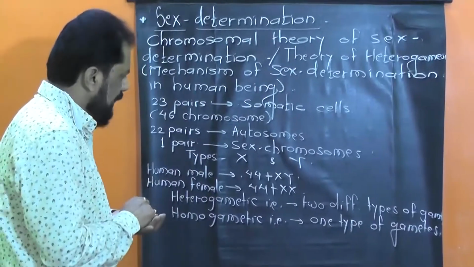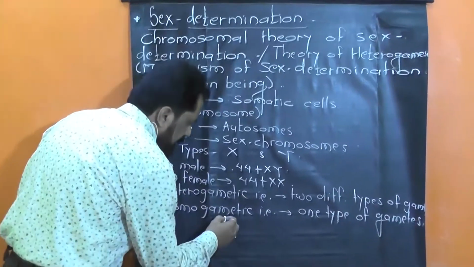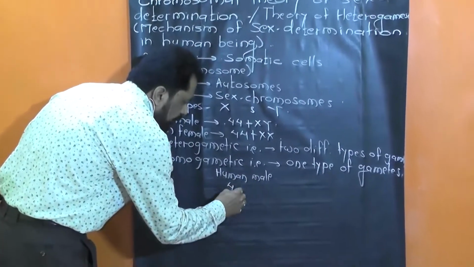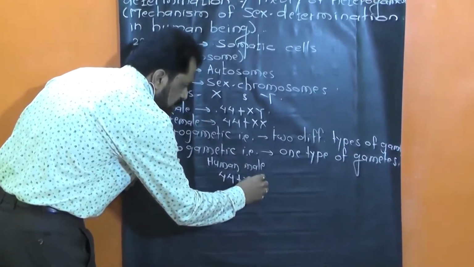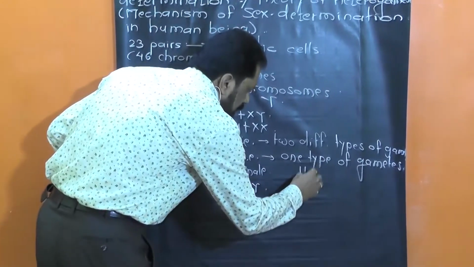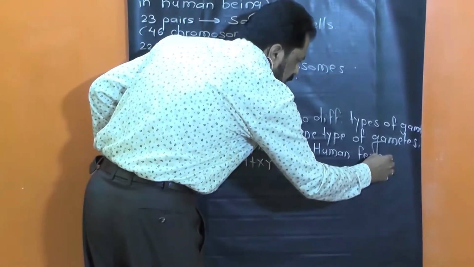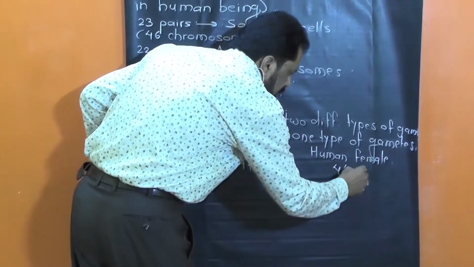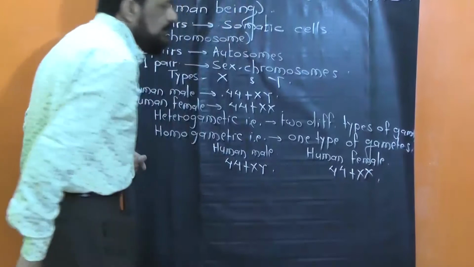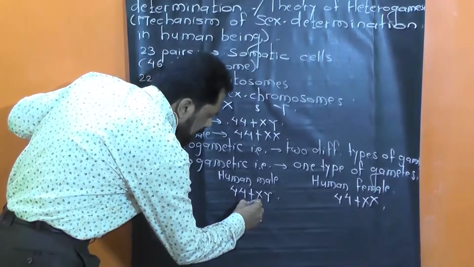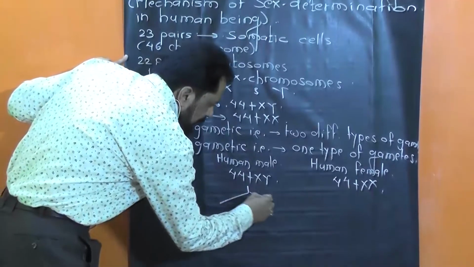Now in human beings, the chromosomal constitution of male is 44 plus XY and the chromosomal constitution of human female is 44 plus XX. Now, during sexual reproduction, the human male produces two types of gametes.